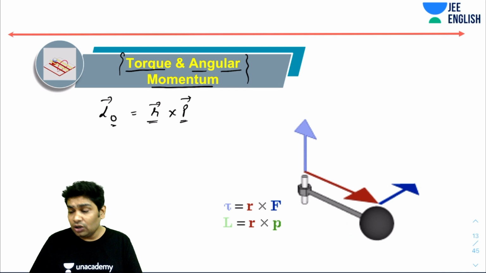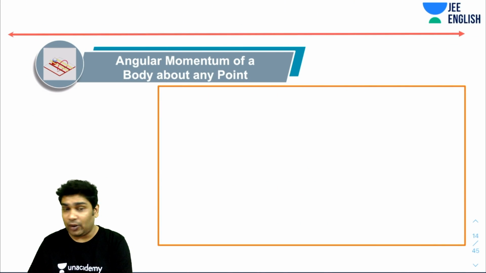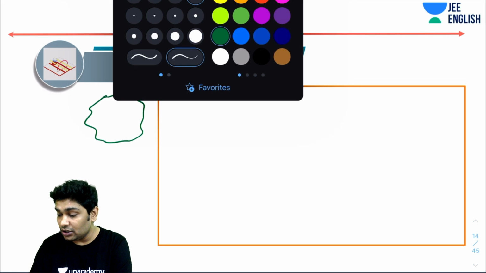Then we looked to find the expression for a body or a collection of particles. So if you have any collection of particles, any body or any system of particles, and you want to calculate the total angular momentum of this system about any random point P, how do we do that?